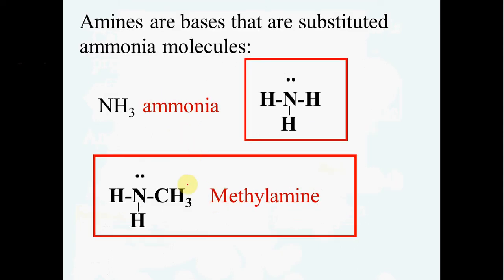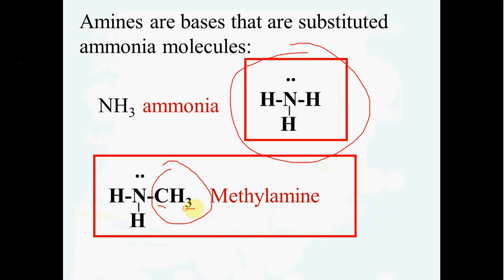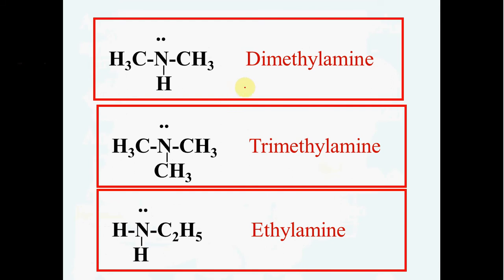So methylamine is the ammonia with one of the hydrogens replaced with a methyl group. A methyl group contains 1 carbon and 3 hydrogens. Dimethylamine, notice the amine is a big hint that this is a base and a weak base.